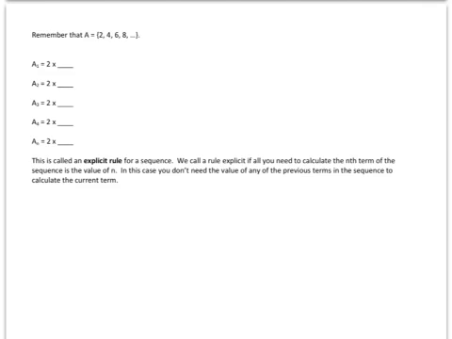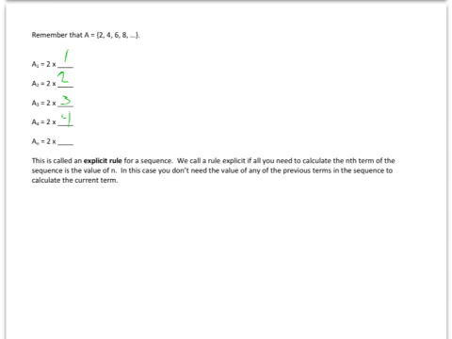So working with this same sequence, I'm going to try to express the pattern in another way. So A1, the first term of the sequence, which is a 2, is equal to 2 times what? Well, 1. And A2, which is a 4, the second term of the sequence, is equal to 2 times what? 2. And A3, which is 6, is 2 times 3. And A4 is 2 times 4.